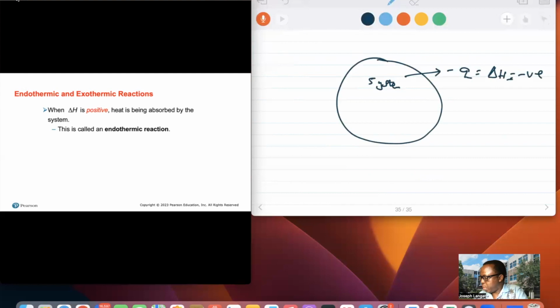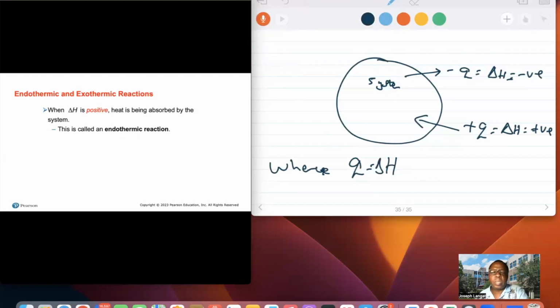Carrying up, and then carrying in here, it is plus W, which means delta H equals positive. Sign convention for the system, and remember where Q is the same as delta H, or change in internal energy, heat of reaction or enthalpy. So positive for endothermic reaction.